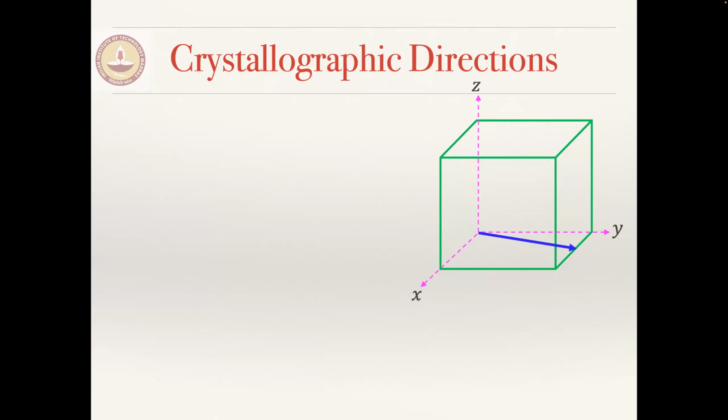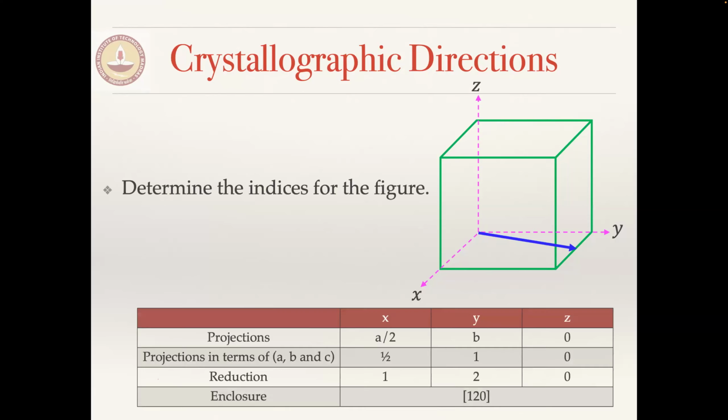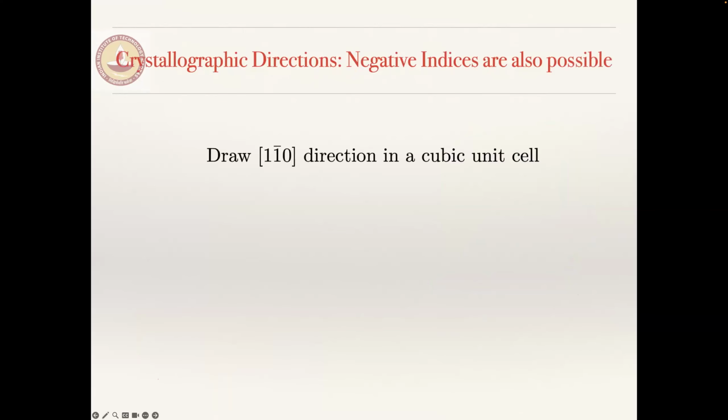On the z-axis? 0. So 1 by 2, 1, 0. Now in order to make it the smallest possible integers, what should I multiply it with? 2. So 1 by 2, 1, 0 should become what? 1, 2, 0. So instead of writing a by 2, because it will anyway be divided by a, I am writing 1 by 2, 1, 0, which gives 1, 2, 0. That is how you write these crystallographic directions.